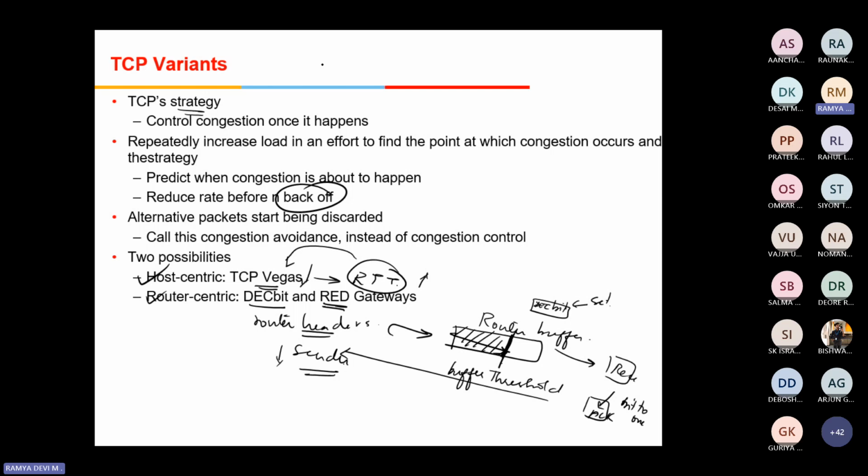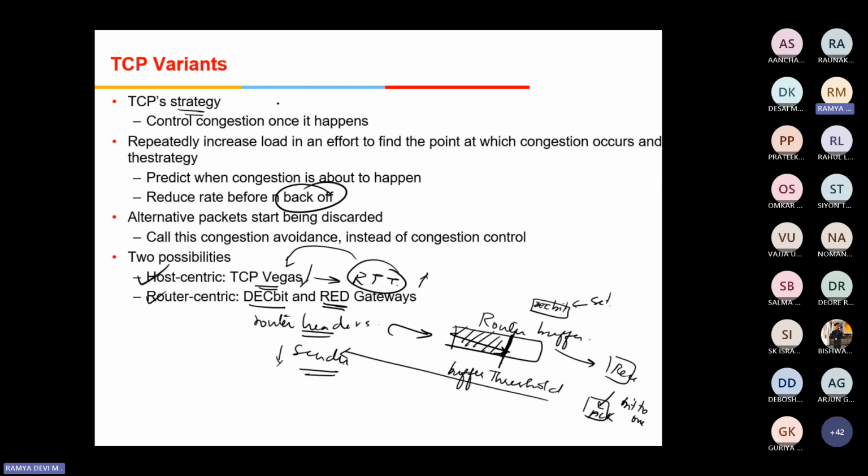So this is how the TCP variants like Tahoe, Reno, Vegas, and also DEC bit and RED help the network to reduce congestion, with the help of congestion detection or congestion avoidance. Tahoe and Reno are congestion detection.